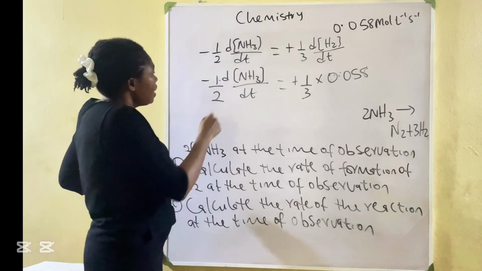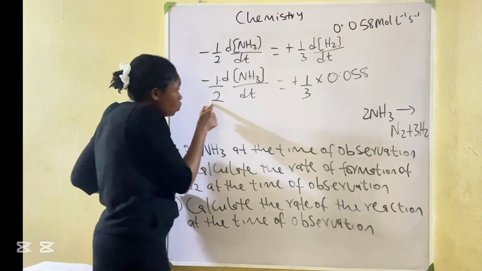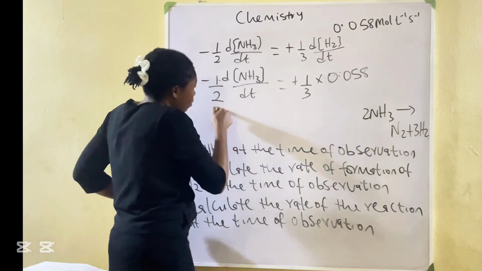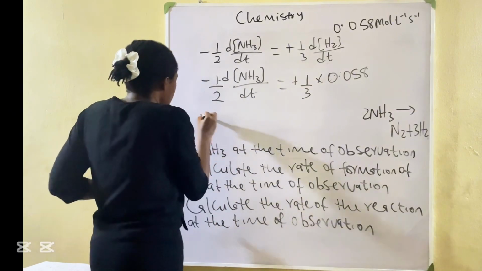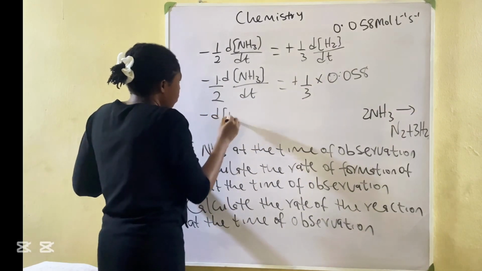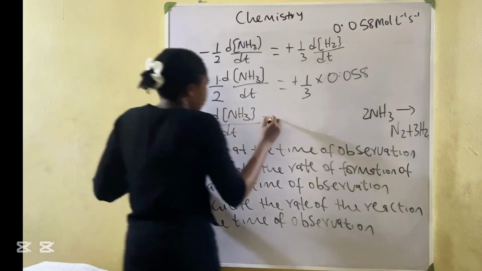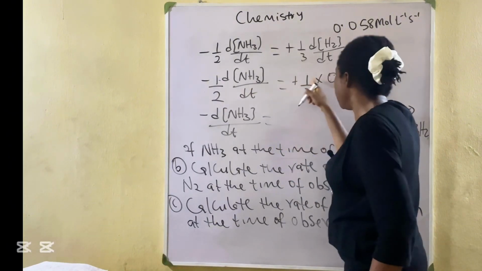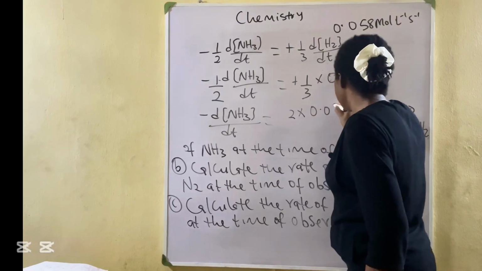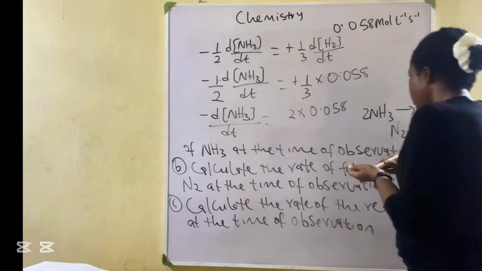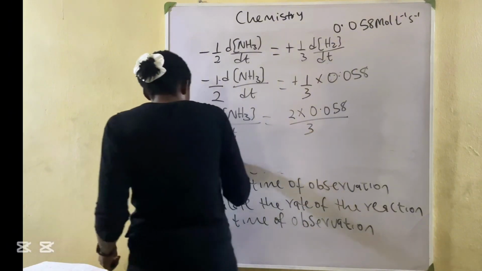So for me to have this change in concentration of ammonia over time, this 2 is going to do what? Multiply. The 2 is going to be here. So minus. So we multiply, 2 times 0.058 divided by 3. So change in the concentration of ammonia.